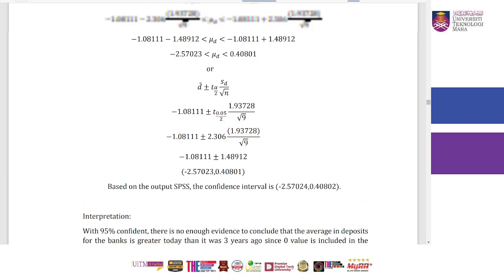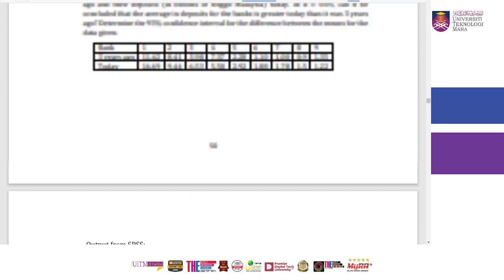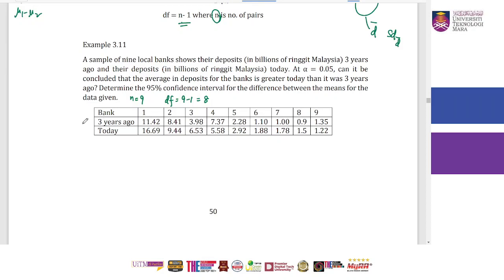Saya tunjuk dekat atas ni. So you boleh try kira this one. Balik nanti boleh try kira. So you have to calculate the difference first. So here you calculate the difference. So take the difference of these two. Contohnya 11.42 minus 16.69. Okay, so you akan dapatlah 11.42. Okay, saya ambil calculator saya.